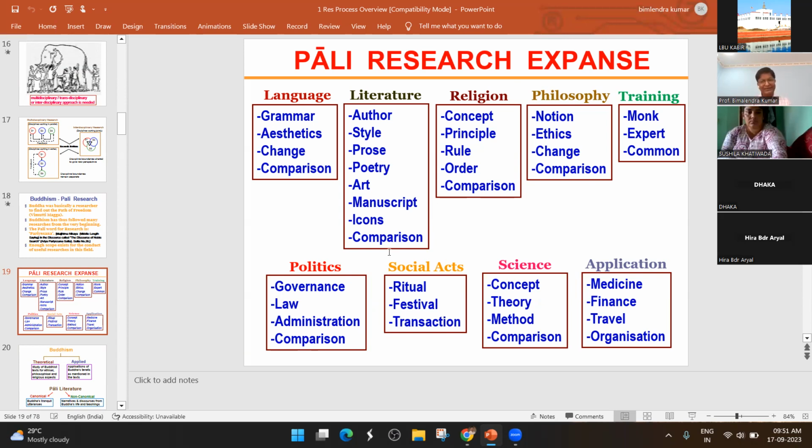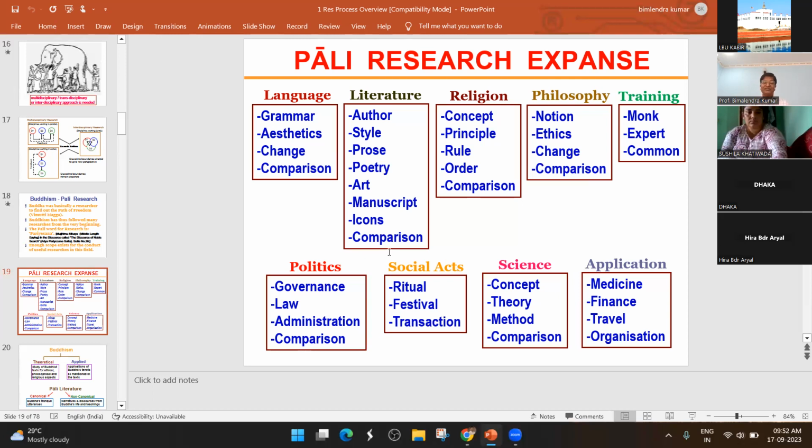We are having that how the nature has been depicted in our suttas, how Buddha is talking about the nature and the environment. There are some of the researches which are already done on the aesthetics, how the alankar, chand, they can be undertaken under this category.